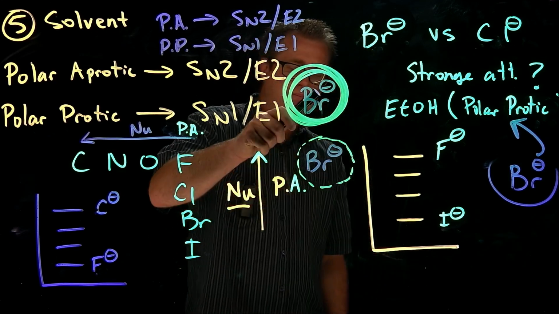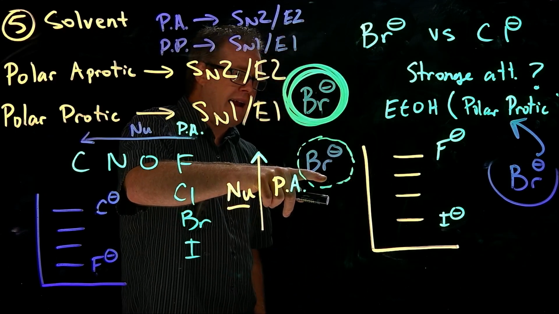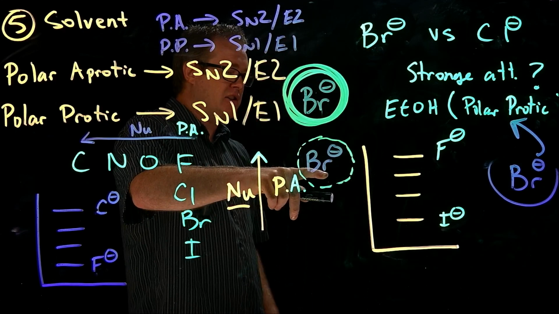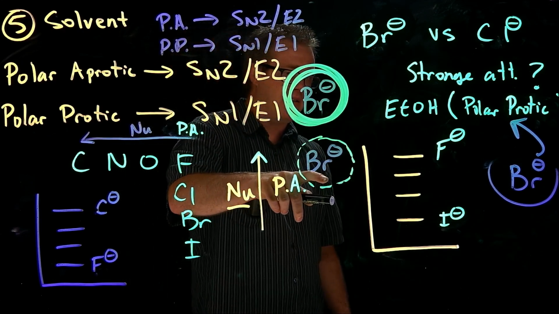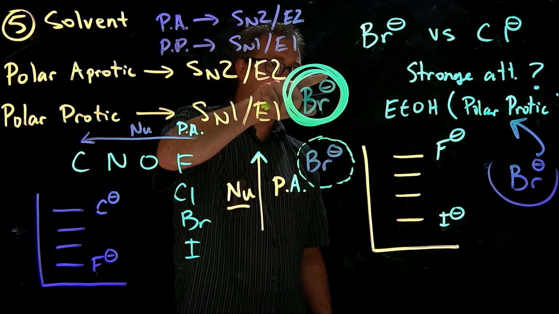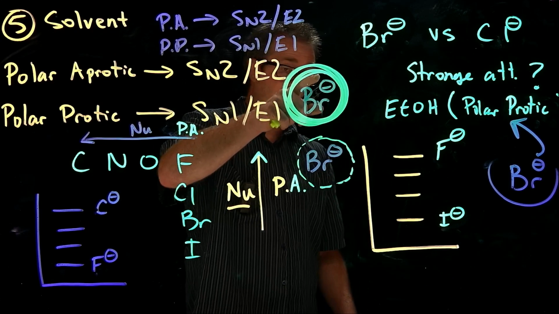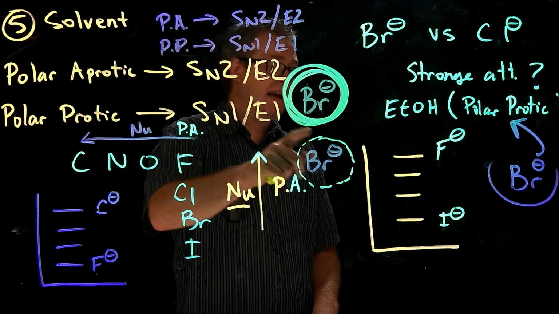So you see they're still both bromide, but this bromide right here is going to react faster and better, and it's going to be a stronger nucleophile because it has less solvent around it. Whereas this right here is going to be a weaker nucleophile in this particular solvent system because it has more solvent.